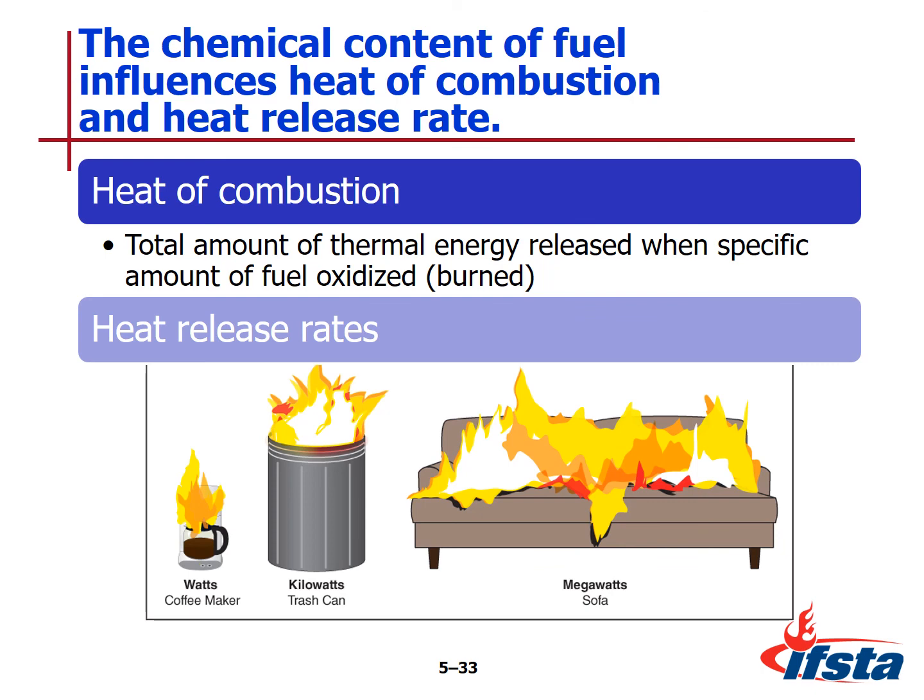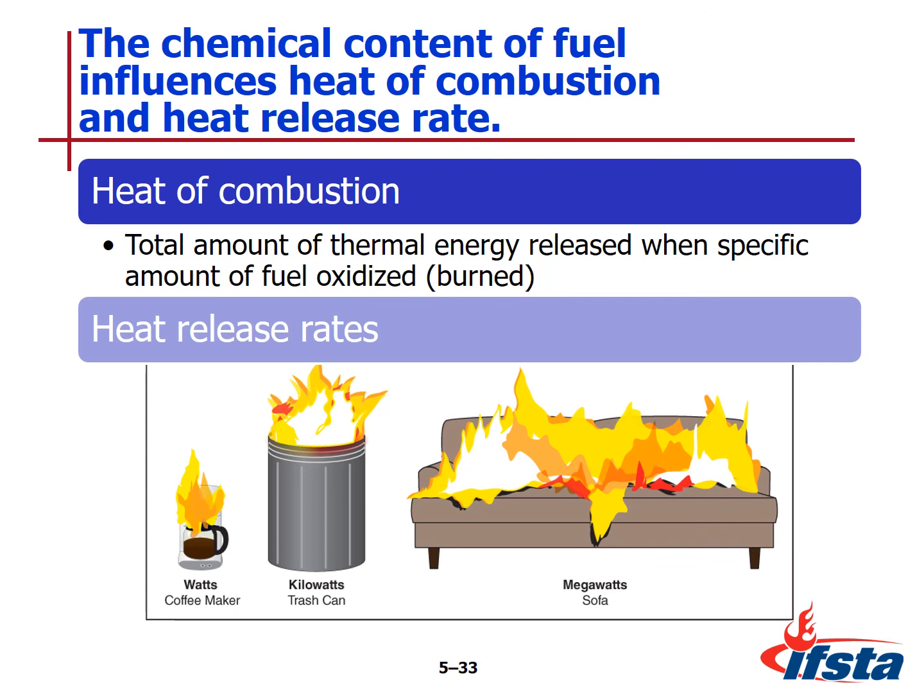If you have one match burning, it's going to give off some heat, and if you add a second match to it, it's going to give off more heat. In that case, 4 times the amount of heat would be released because there's more to burn. And in your heat release rates, you're looking at things like your coffee maker in watts.